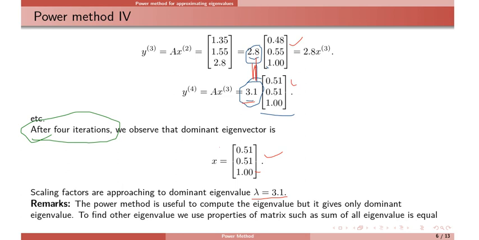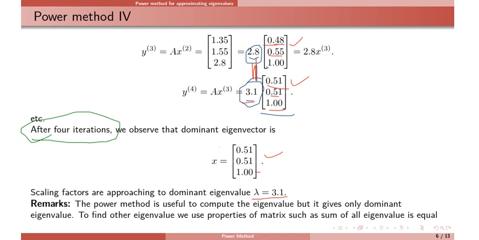Compare first component with first, second with second, and third with third. As soon as you get the eigenvalue, the eigenvector will also become constant, that is, the first component will be similar to the first component, the second to the second, and the third to the third.